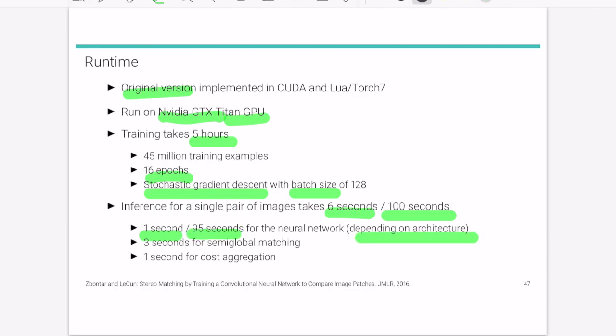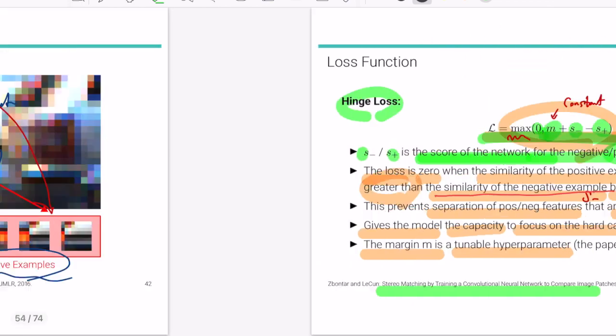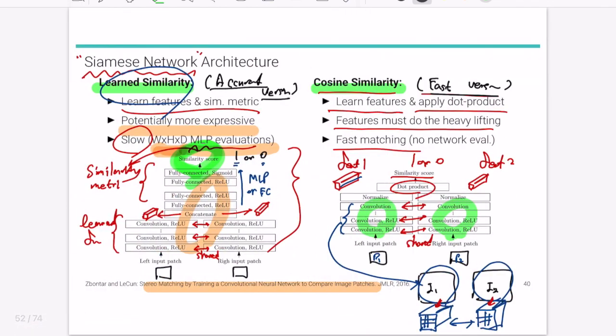It depends on the architecture, like a accurate one and a fast one.